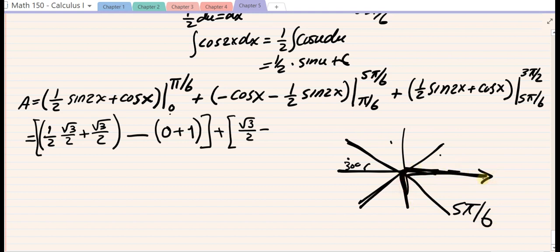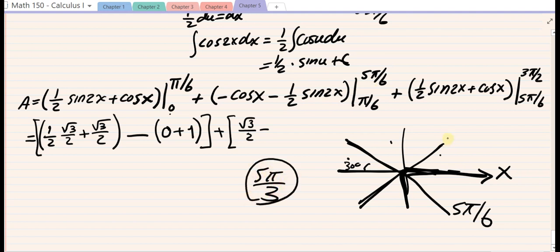Okay, and let's see, sine of 5 pi over 6 is going to be, or actually, sorry, I'm plugging in 5 pi over 6 times 2, that's 5 pi over 3, correct? 5 pi over 3.